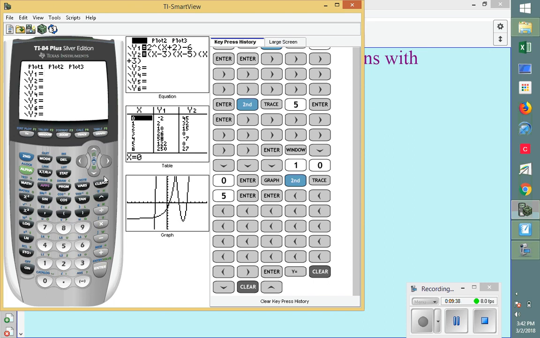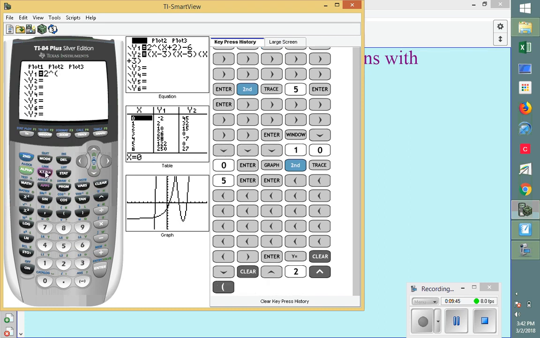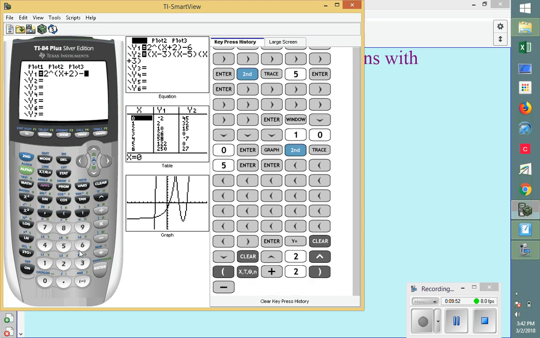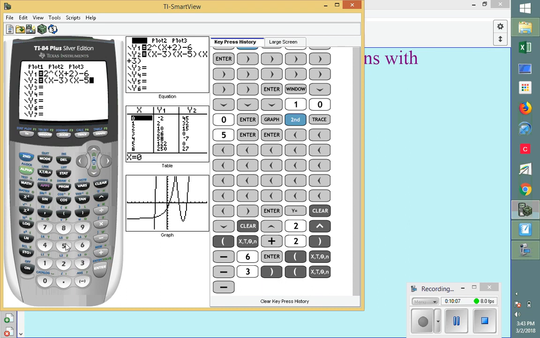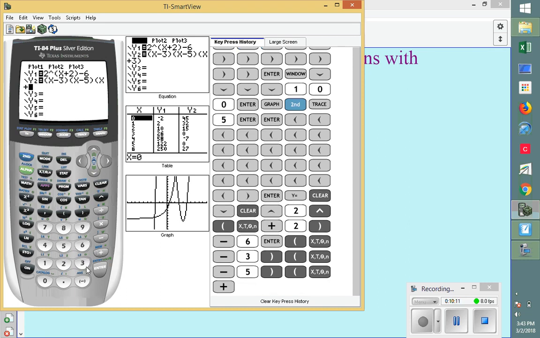I'm going to go ahead and enter my equations now. So I have 2 to the x plus 2. And then we're going to subtract 6. And the other is quantity x minus 3, quantity x minus 5 and quantity x plus 3.